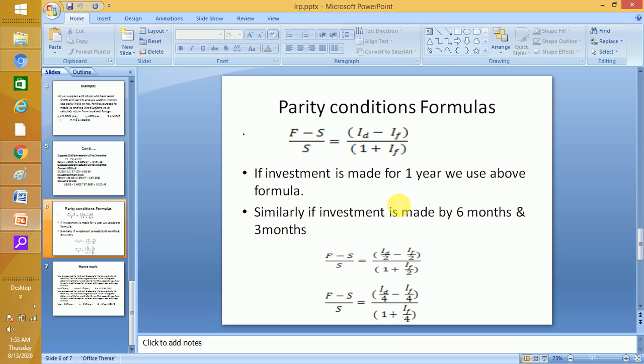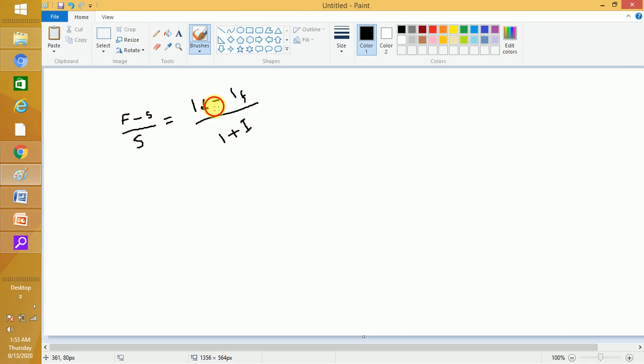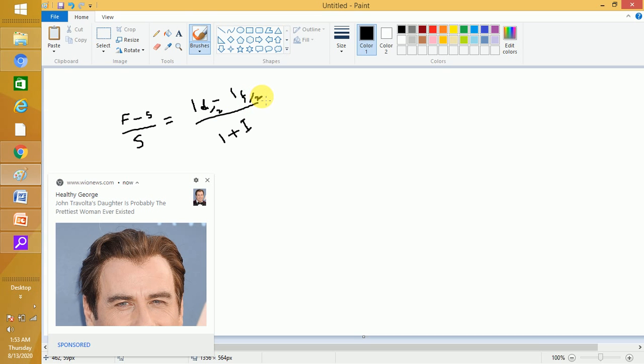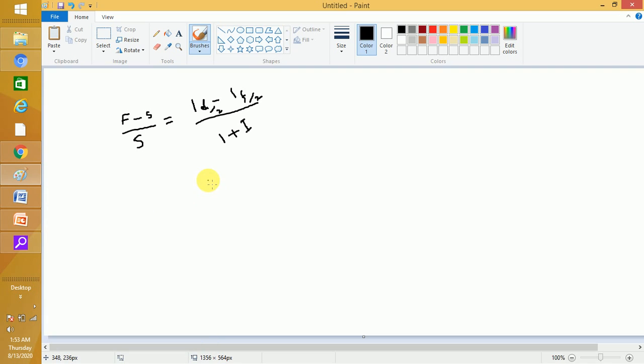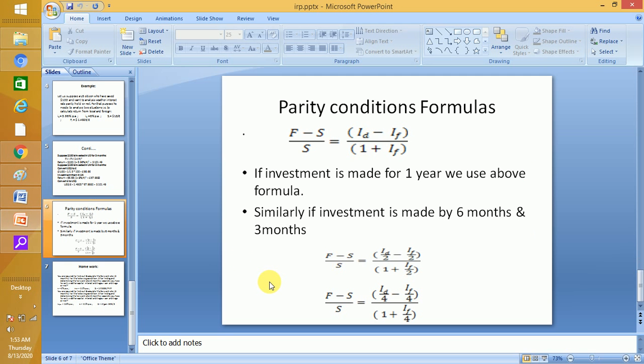Now look at the question, but keep in mind we are calculating it for 6 months, so all of these will be divided by 2: ID divided by 2, IF divided by 2, and IF also divided by 2 in the denominator. Now just put the values in the formula.